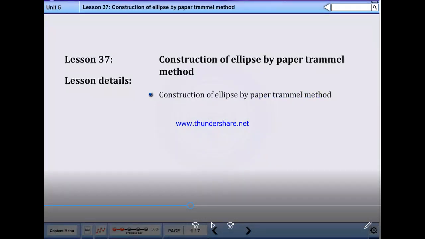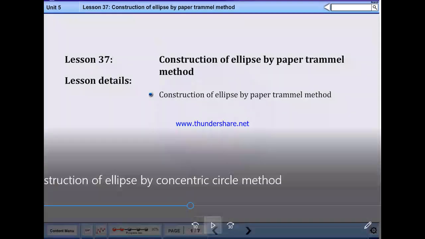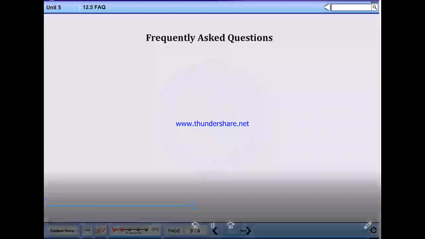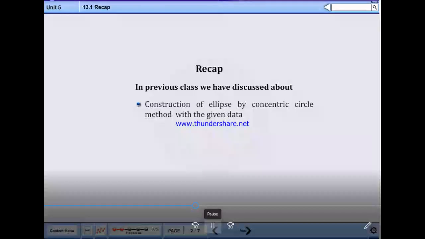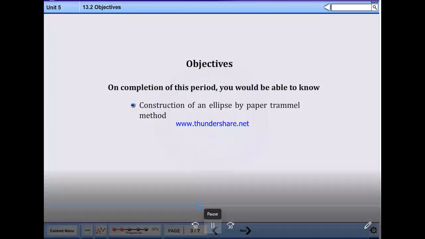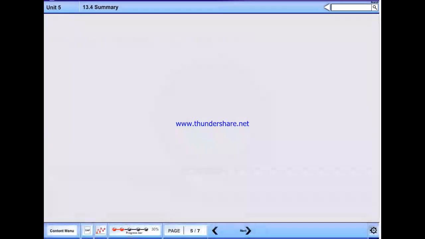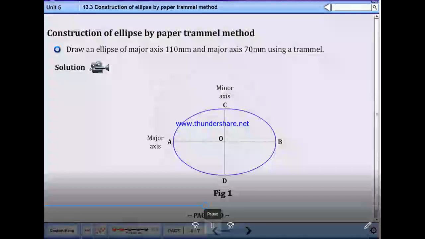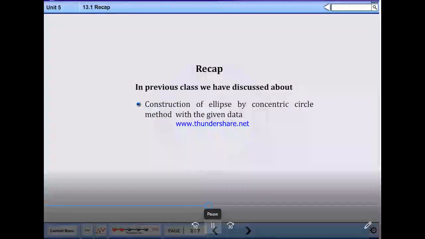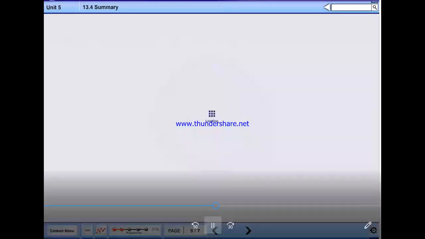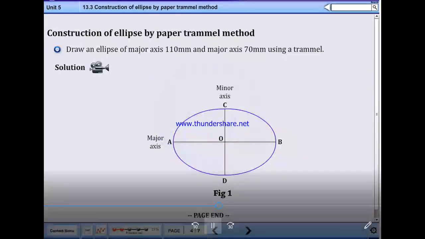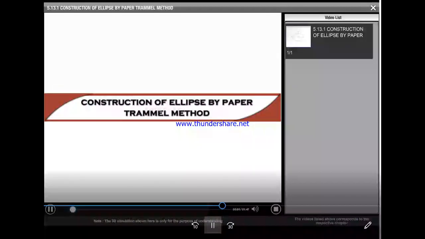Now construction of ellipse by paper trammel method.